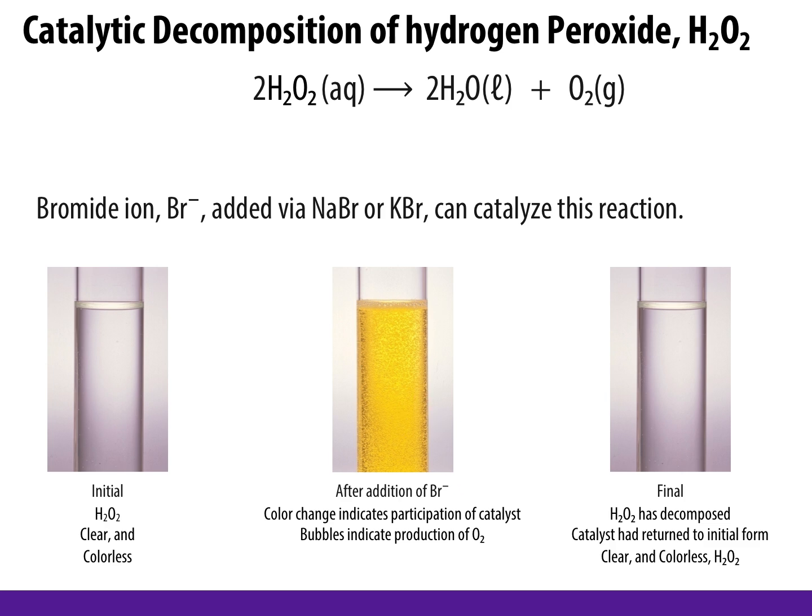That's indicating it's coming from the Br minus ion and its new form that it's taking on to catalyze the reaction. So it's showing that the catalyst is participating in the reaction. We've got bubbles to show the production of O2, so the speed of the reaction is greatly increased. At the very end, everything is decomposed and the catalyst is back to its initial form or color. So a nice example of how a catalyst acts to speed up the reaction, participate, and then gets regenerated at the end.